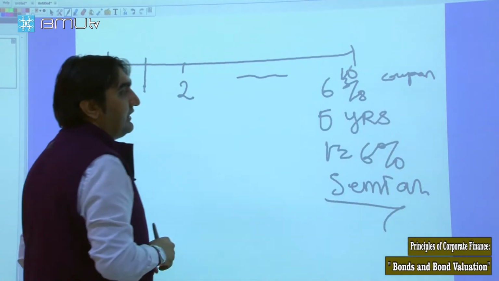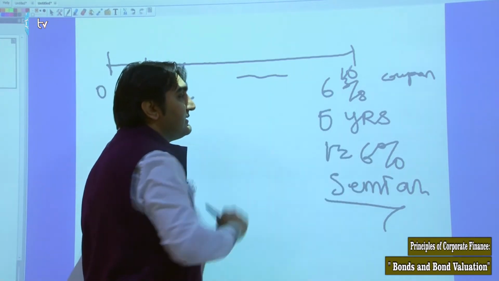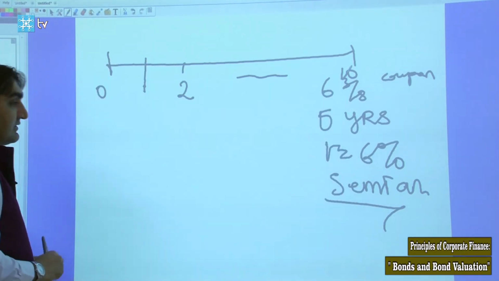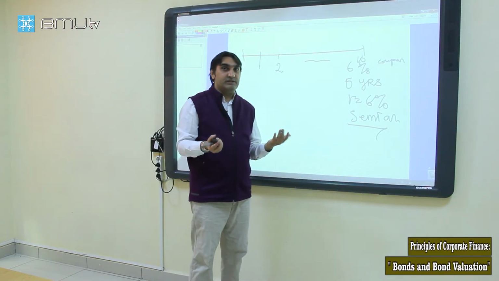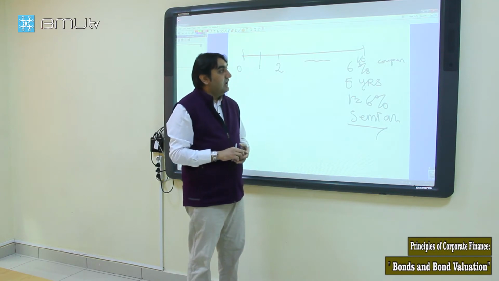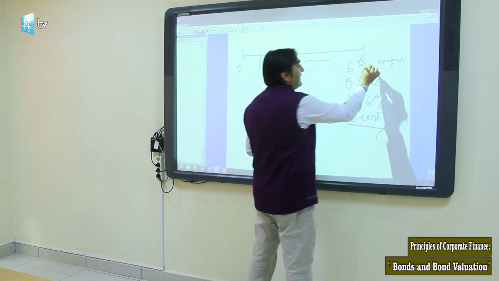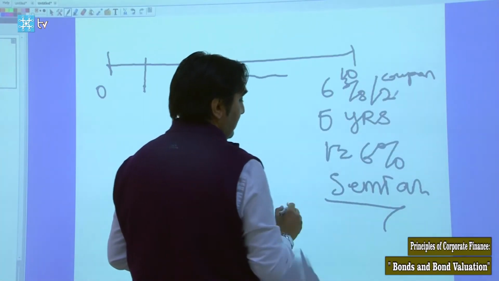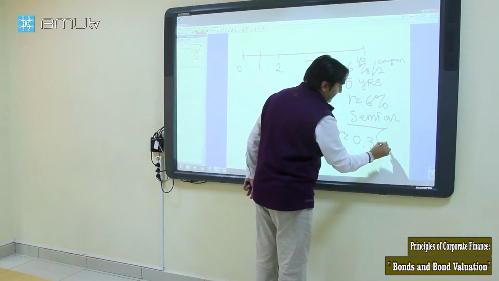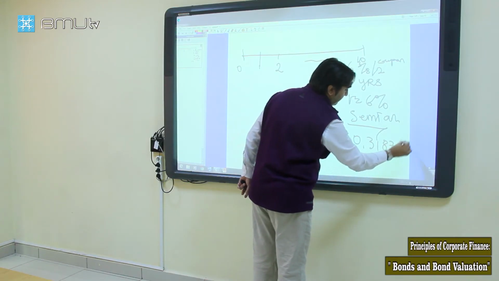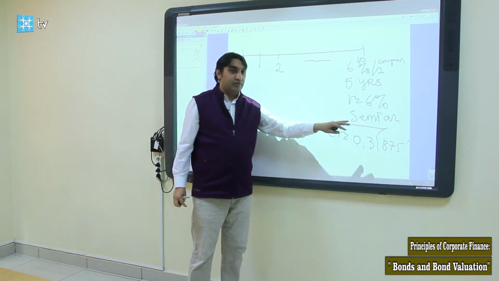And we need to find the periodic semi-annual coupon payments. Our rate is 3.875%. As I said, all rates are expressed in annual terms, so we need to convert this into semi-annual periods by dividing by 2. So we get the periodic coupon rate as 1.9375%. So this is the semi-annual coupon rate.